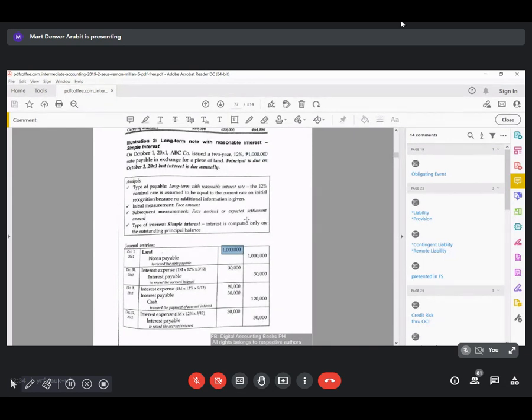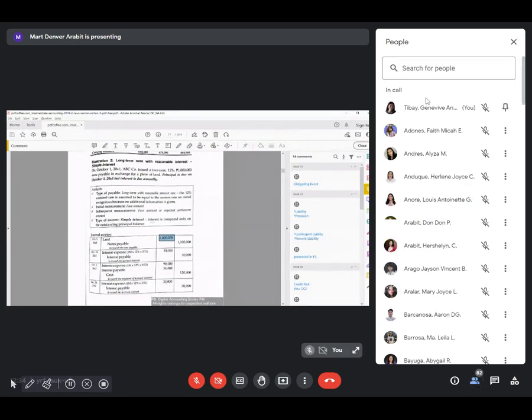Paano natin nasabi na yun yung fair value? Because remember, present value is equal to fair value at the time of execution ng loan. Okay, but at this time, it is issued for land.